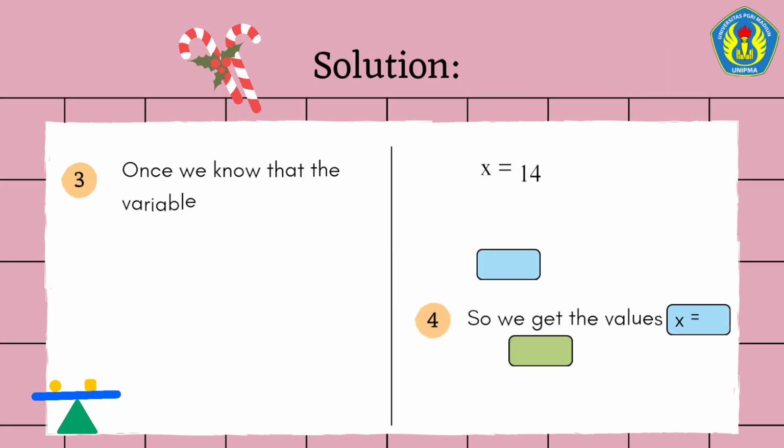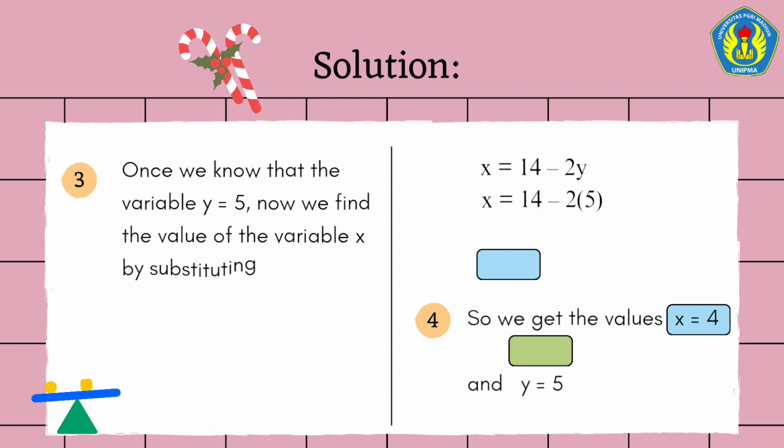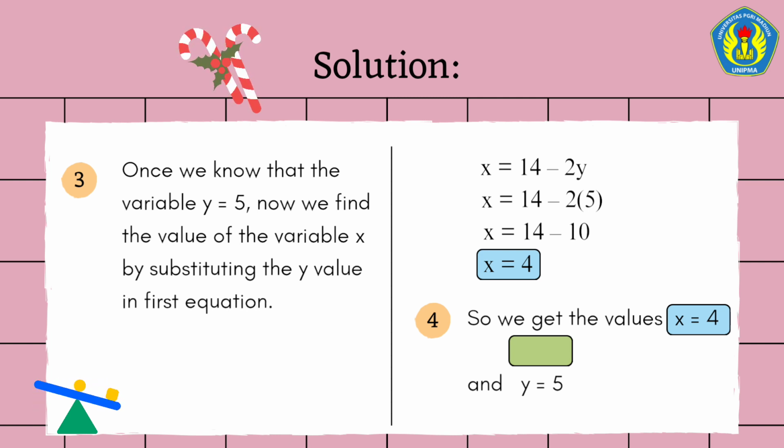After that, combine equation 2 with the equation x equals 14 minus 2y by substituting the variable x into the equation. So it is found that the variable y is 5.